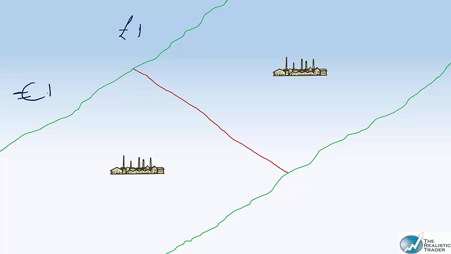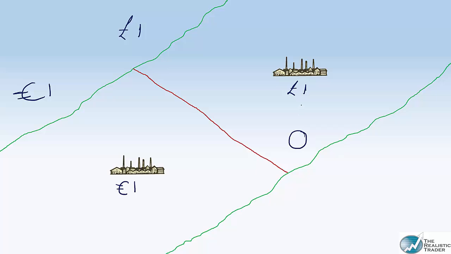Excuse my handwriting. Now let's say a chocolate bar over here in Europe is €1 a chocolate bar, and also in the UK a chocolate bar is £1. We are assuming here that the pound and euro are the same, as in a one-for-one in terms of currency exchange. Now let's say there's a family over here, and they love buying chocolate bars.